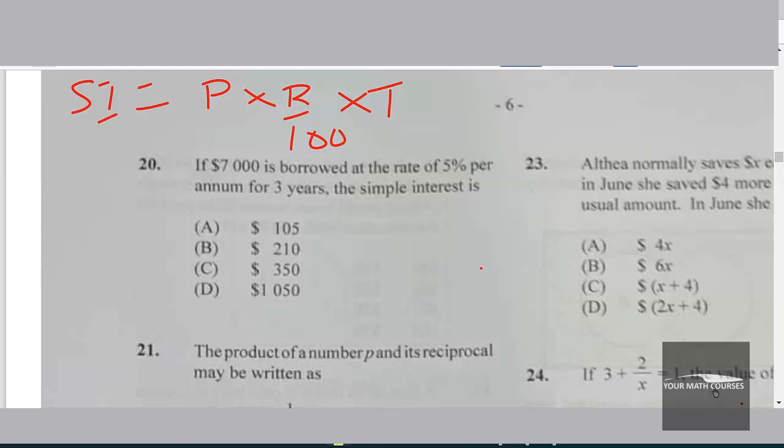So the principal is 7,000. So that will be 7,000 times the rate, which is 5%, and times the time, which is 3.